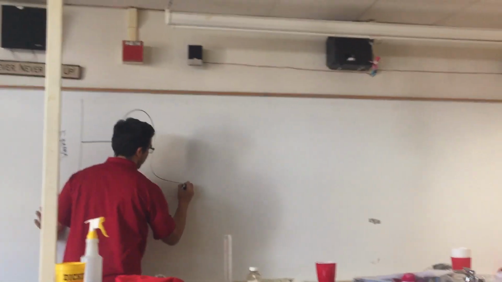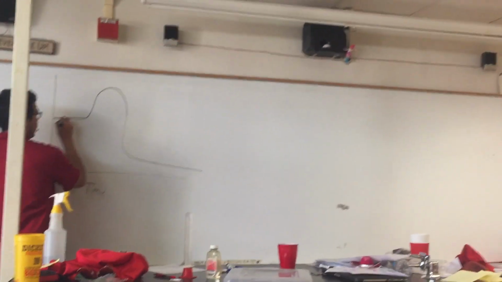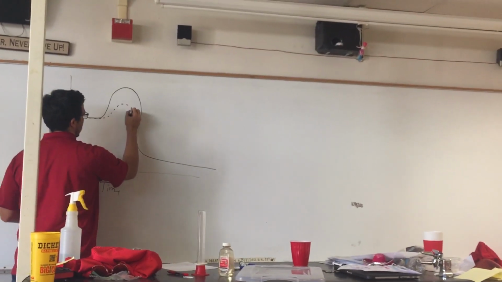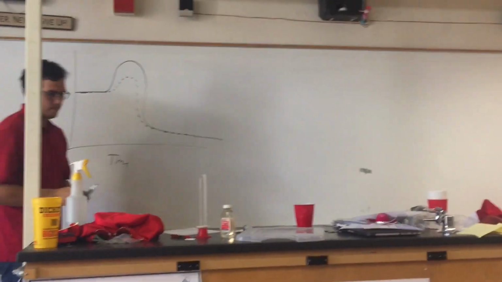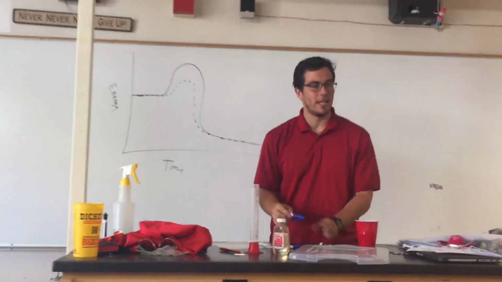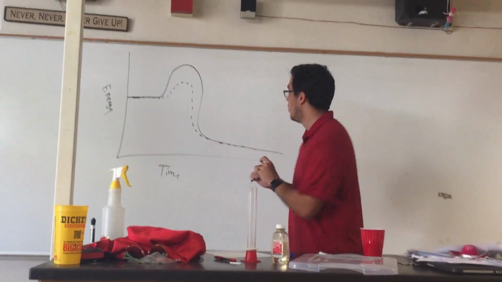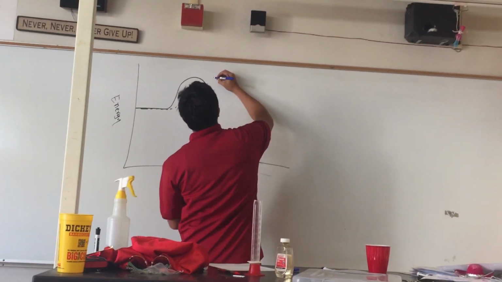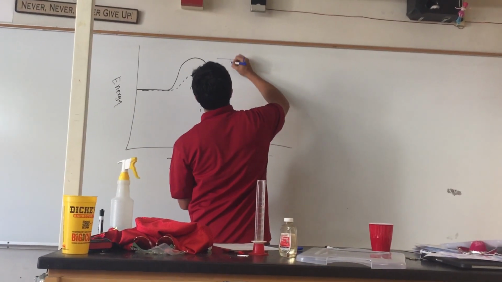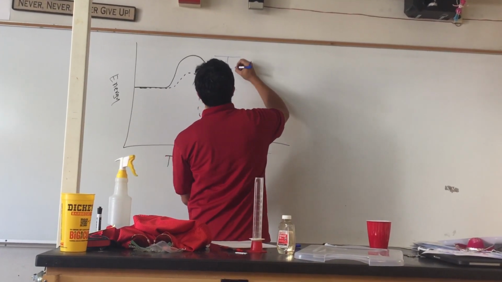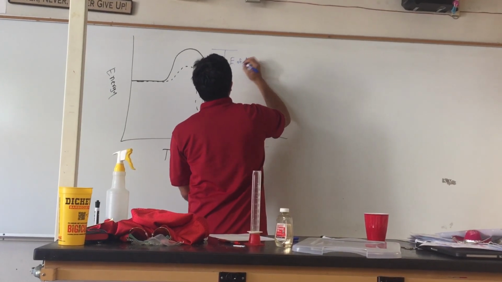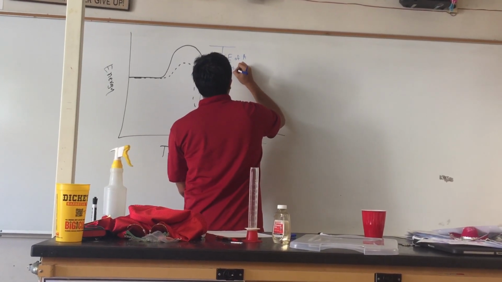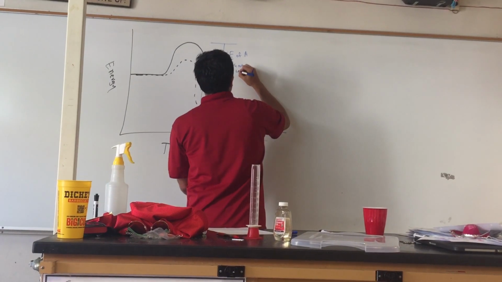Okay, energy and time. This is an energy diagram, and on this we've got a couple different levels. This one right here is going to be E of A, which stands for activation energy, E of A without an enzyme.